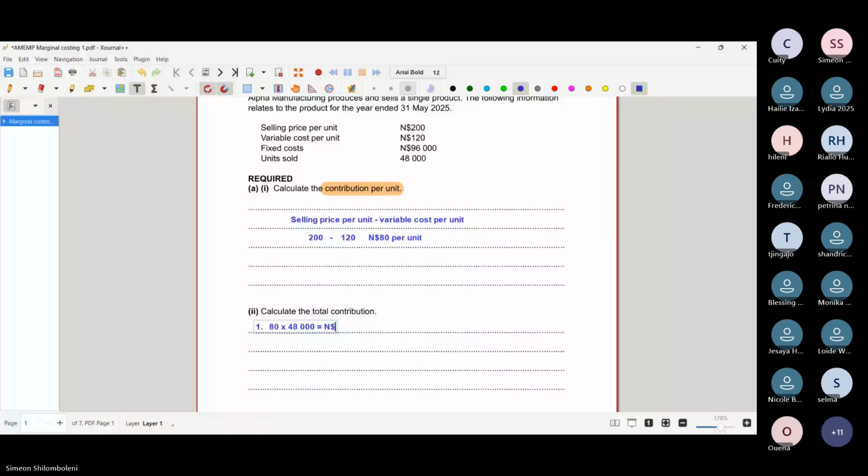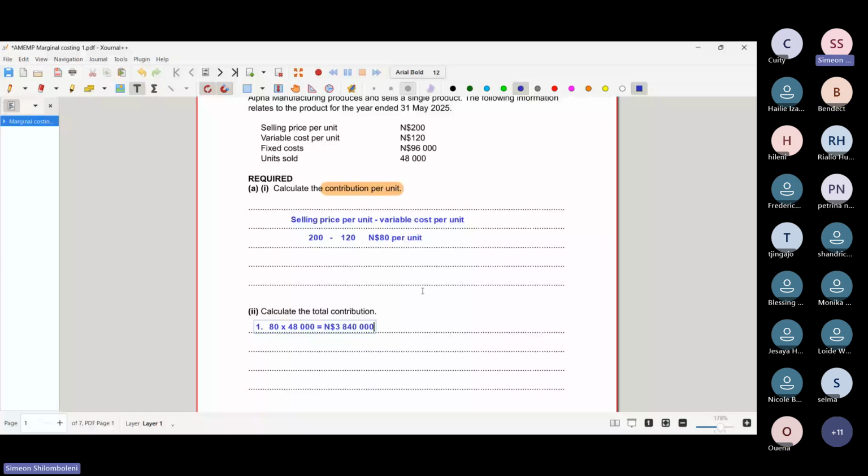384. 3,884,000. 3,840,000. 384. 3,840,000.